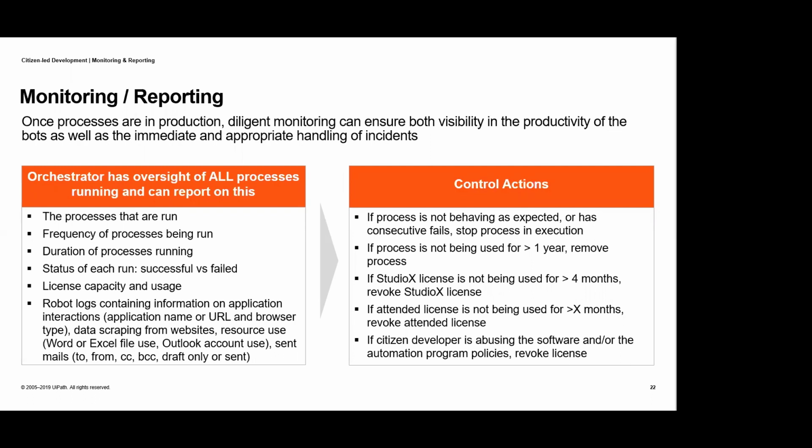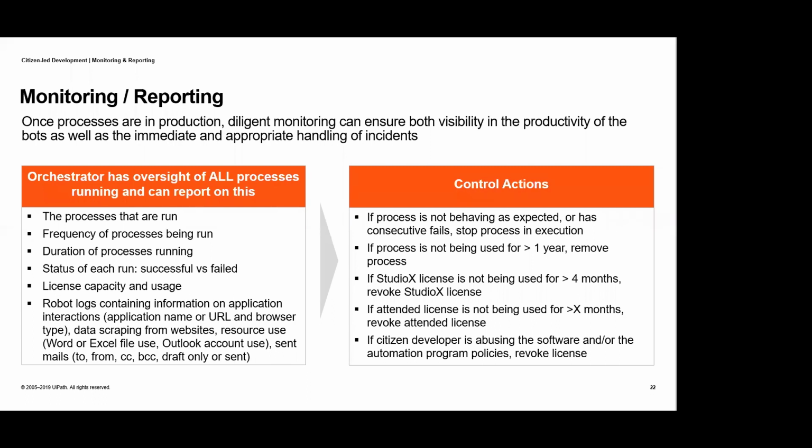And we went over earlier that StudioX activities log important actions to robot logs by default, including application interactions, application name or URL, and browser type, data scraping from websites, resource use, Word or Excel file use, Outlook account use, and sent mails. This list is expanding as our product team continues to work on making governance more robust.